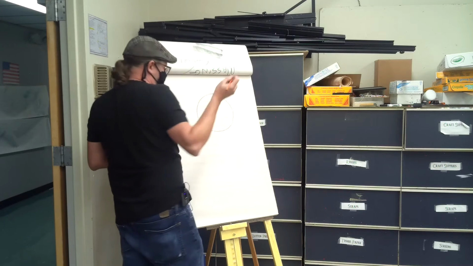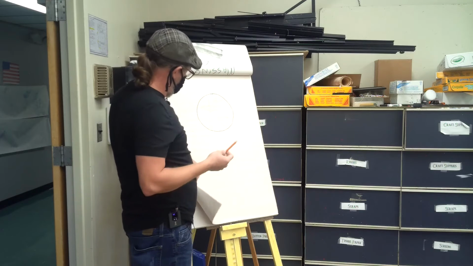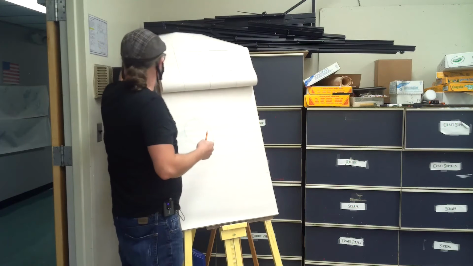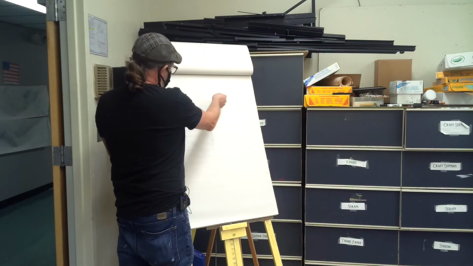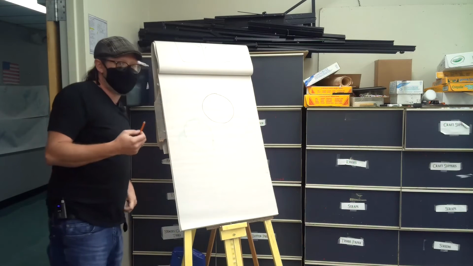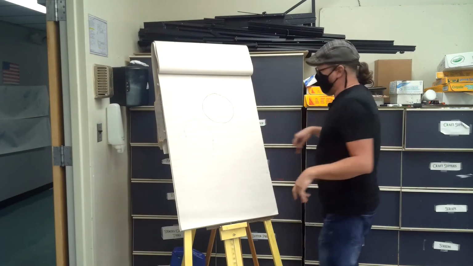Which is all good and fine. But when I'm holding my pencil like this, I can use my wrist to be the thing that helps me to make that circle in one stroke. Right? And that's what I want you to do. I want you to be working on getting a circle done in one mark.